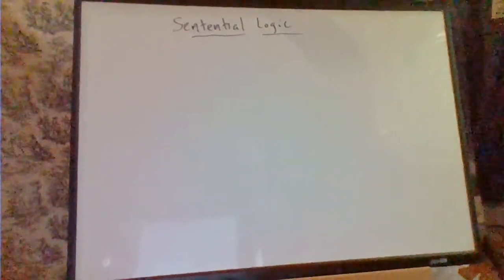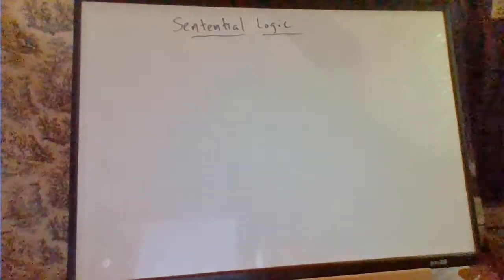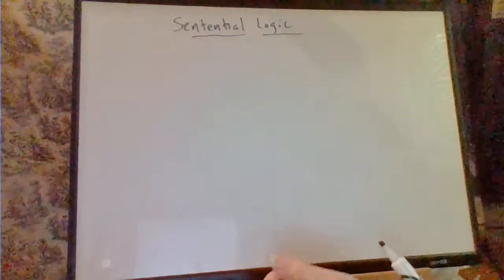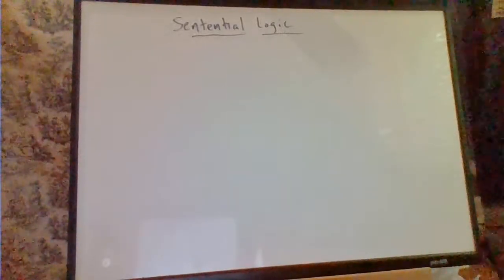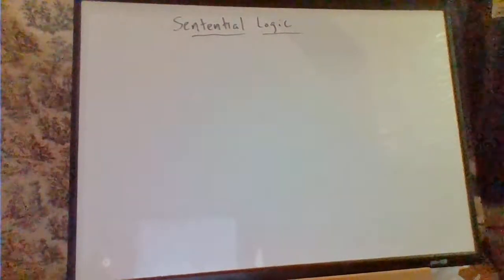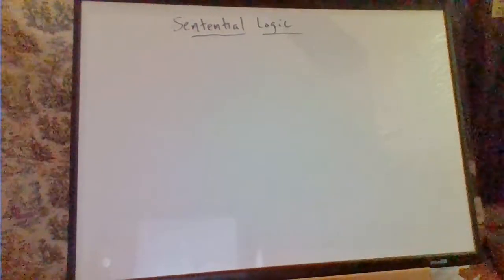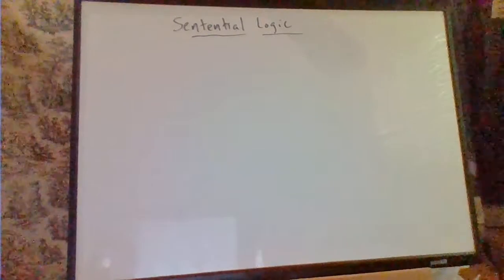So the first thing is to know that the basic unit of sentential logic is the sentence or the proposition. As we learned back in Chapter 2, the proposition or the statement is a sentence that makes an assertion, it makes a claim, it has a truth value.